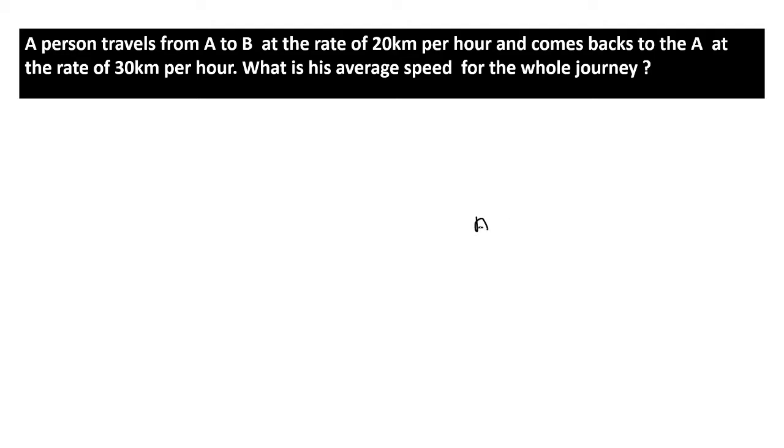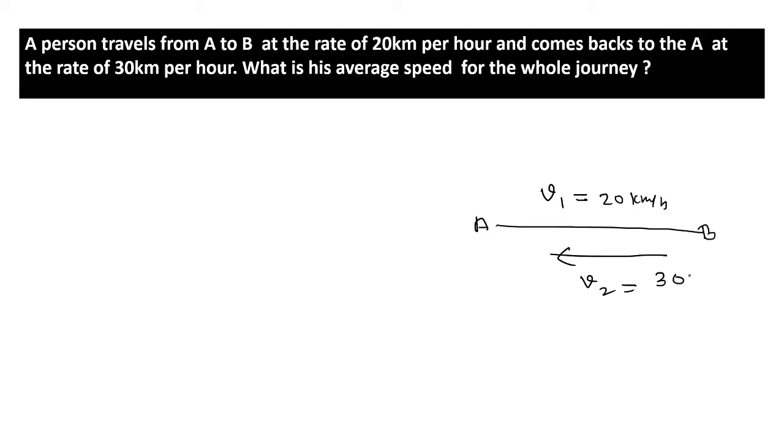The person starts from point A and has to move to point B. When the person is moving from A to B, the speed is 20 km per hour. And when the person is moving from B to A, the speed is 30 km per hour. We have to find out the average speed of the whole journey.